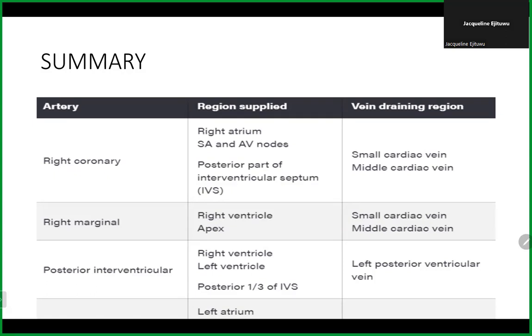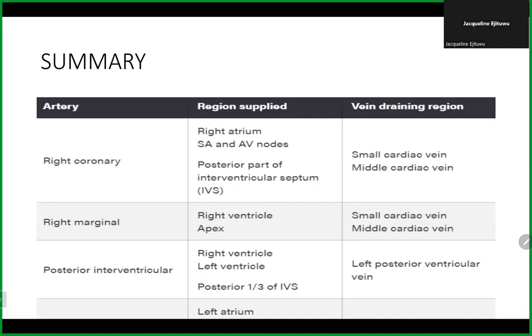We also have the posterior interventricular artery, which supplies the posterior 1/3 of the interventricular septum. And this part, which is supplied by the posterior interventricular artery, is drained by the left posterior ventricular vein.